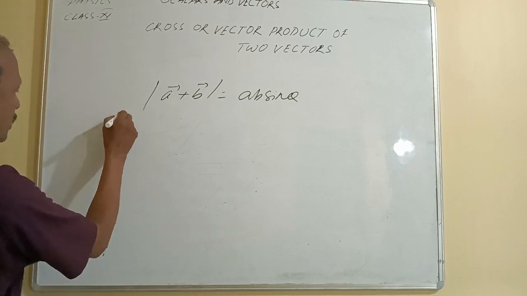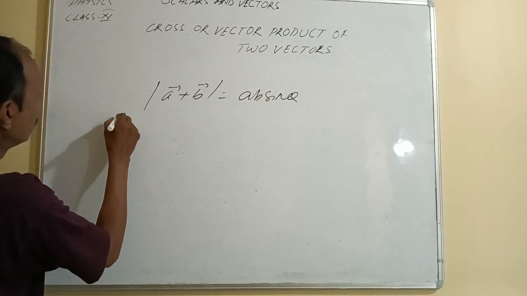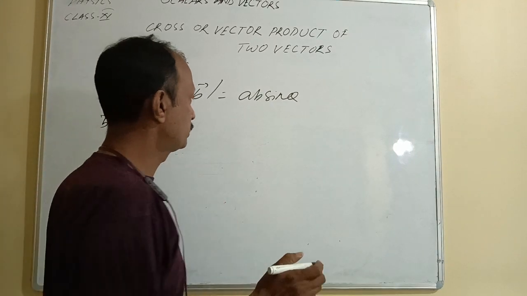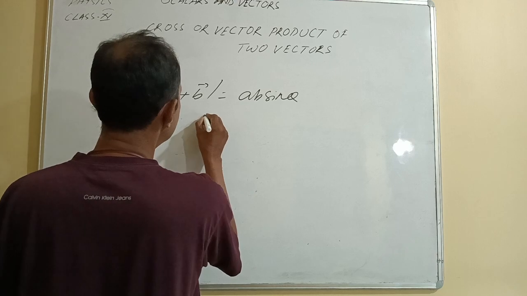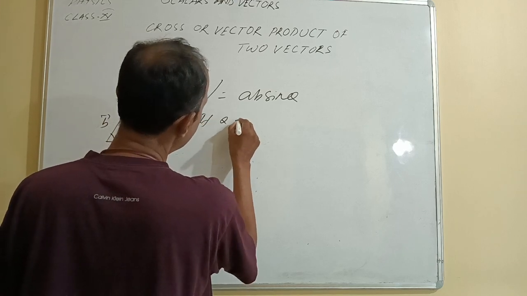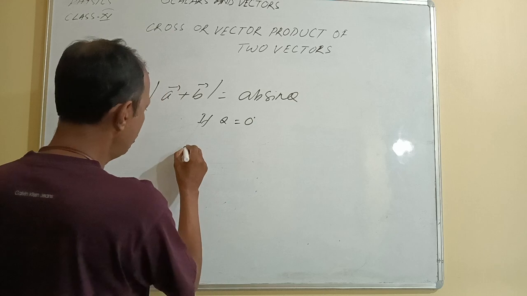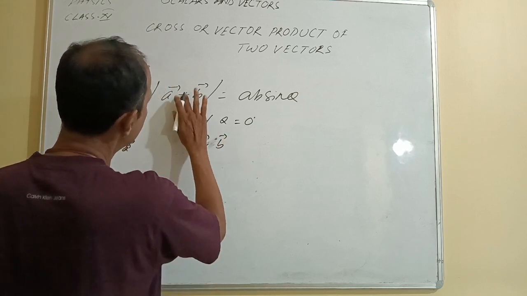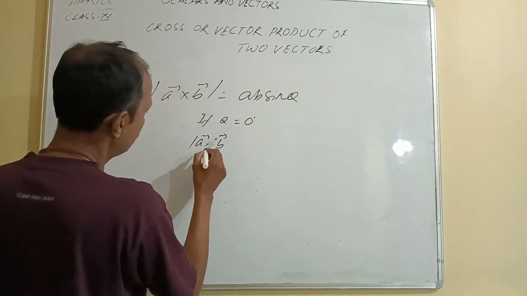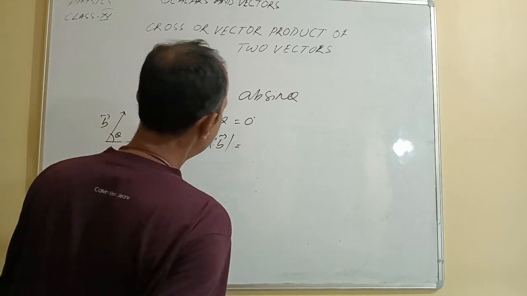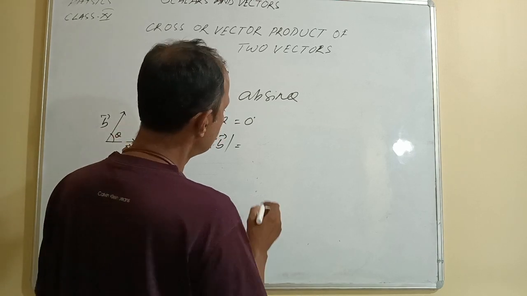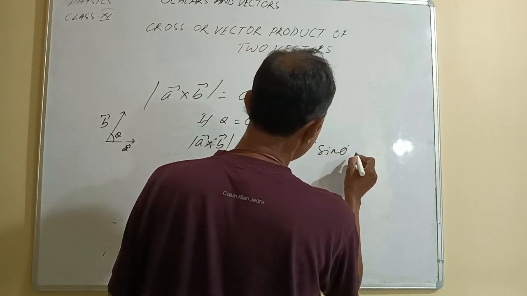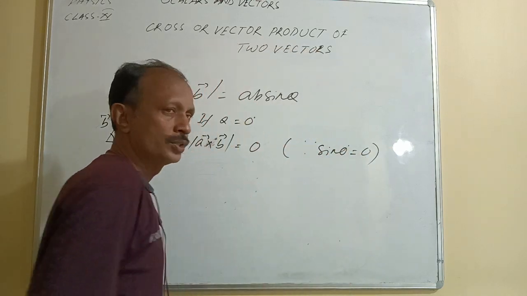Here theta is the angle between vectors A and B. Suppose theta equal to 0 degree, then the magnitude of A cross B will be definitely 0, because sin 0 degree is equal to 0.